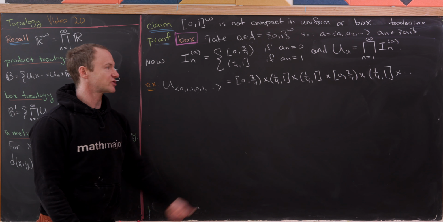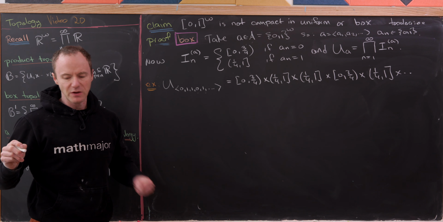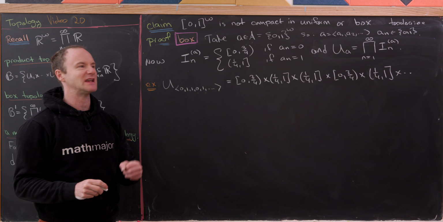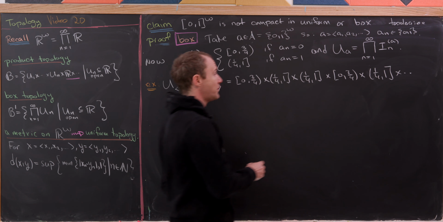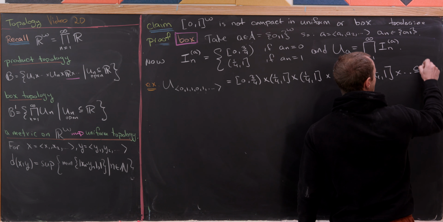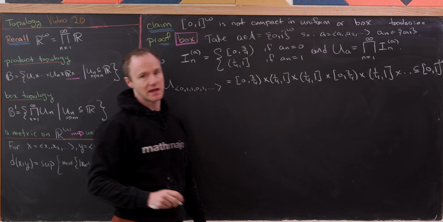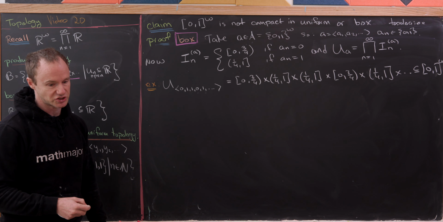So notice the entry tells us which interval we put there. And you might be worried a little bit here because we've got some brackets, but recall that this is all happening in the subspace topology. So this is an open set of [0, 1]^ω in the subspace topology put on the box topology.